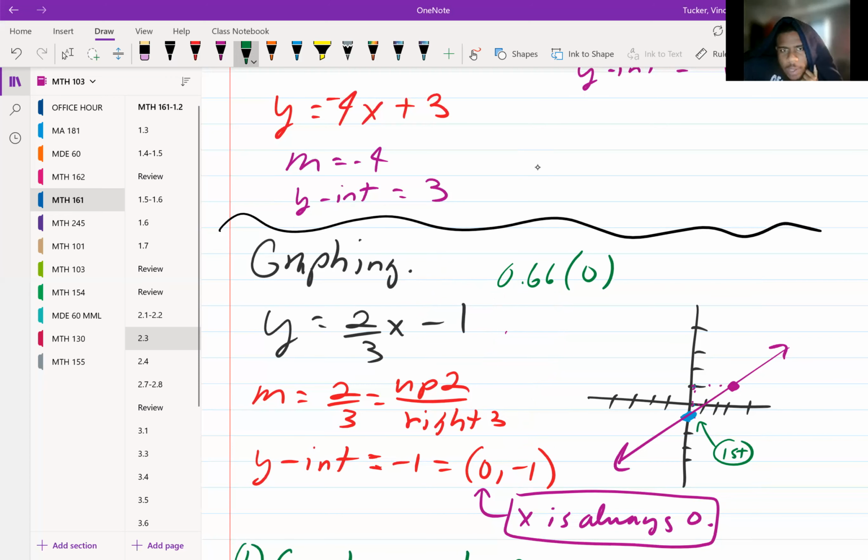When you say y-intercept, that means x is 0.